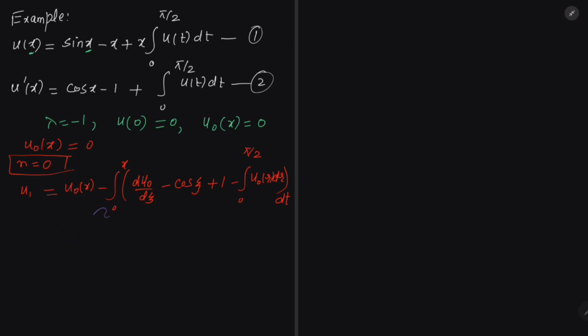When I put u0 equal to 0, you get u1 is equal to sin x minus x.